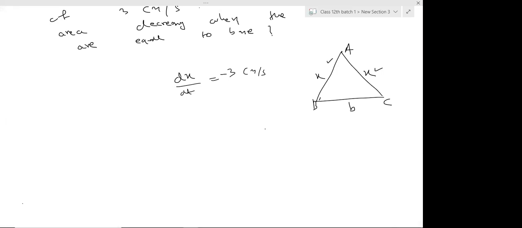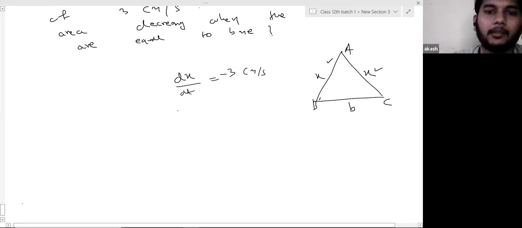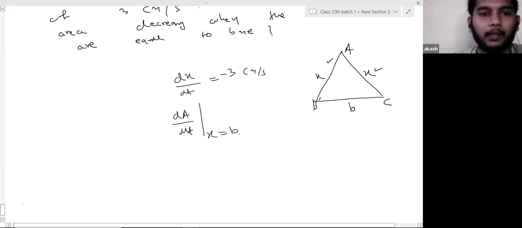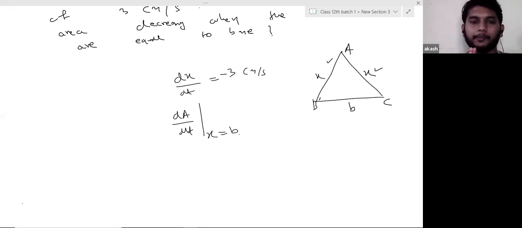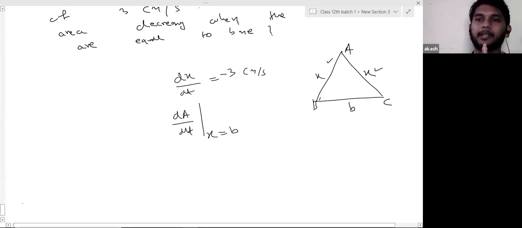Yes, sir. All right. Now they are asking what is the change of area with respect to time when this side is equal to the base. I hope the question is clear. All we have to do is find the area in these terms, b and x.